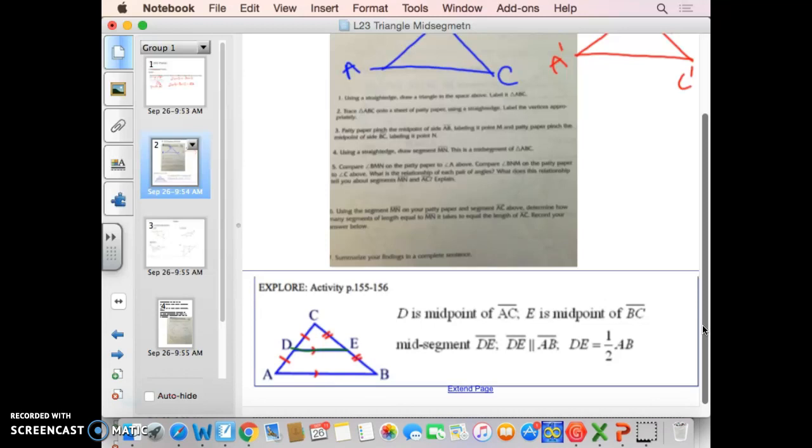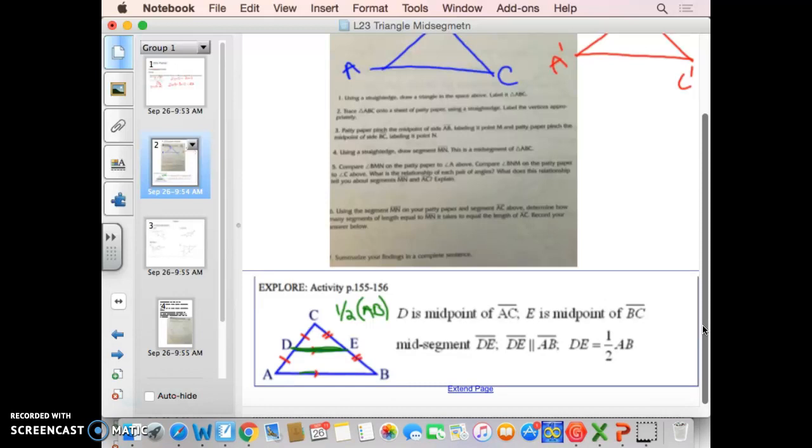The other thing that's pretty interesting is that DE, this side right here that I highlighted, is actually exactly half the length of AB. So DE is 1/2 whatever the length of AB is, which is kind of interesting, and that's good to know. We use that information to answer some questions about this.